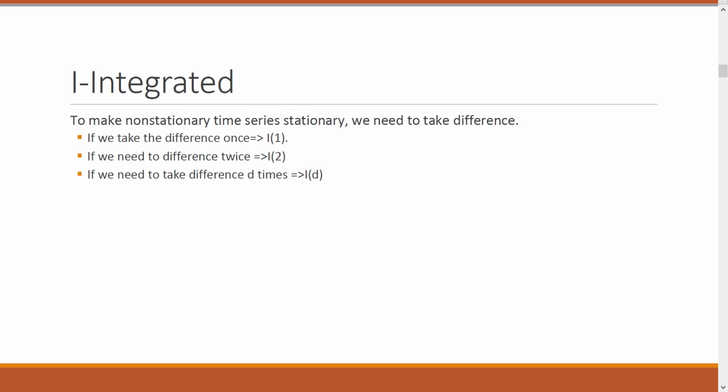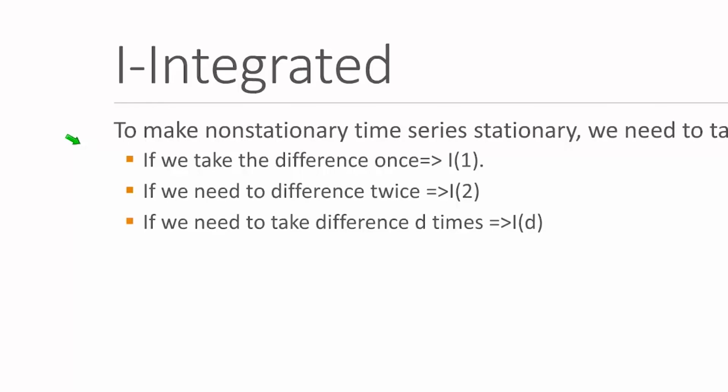Basically, the very first step is we look at the data to determine if it's stationary or not. If the data is not stationary, then we will take the difference of the data. And when we take the difference of the data, we call that I1, integrated 1, meaning we take the first difference to make the data stationary.